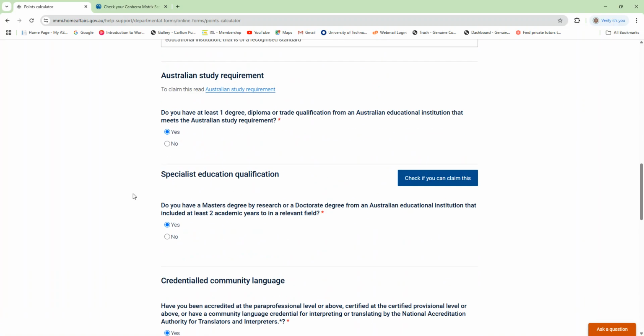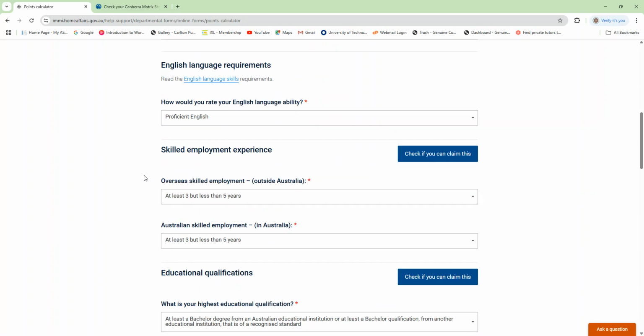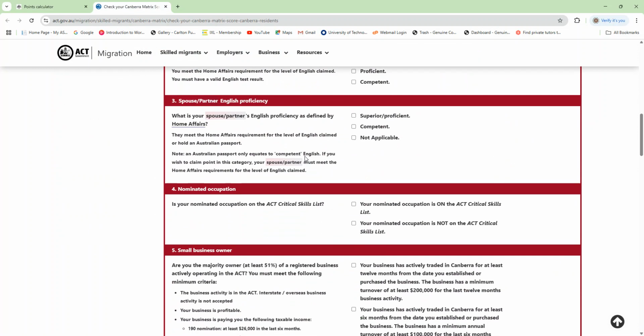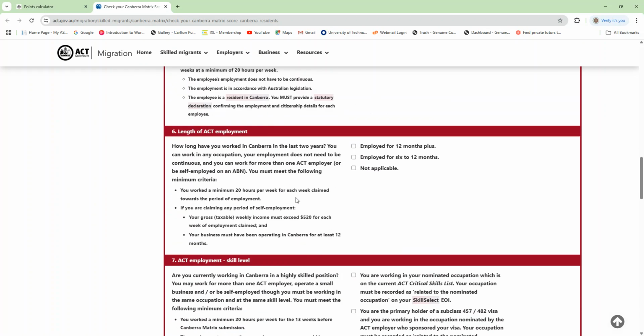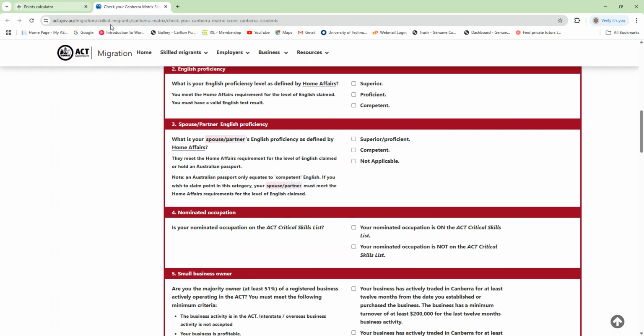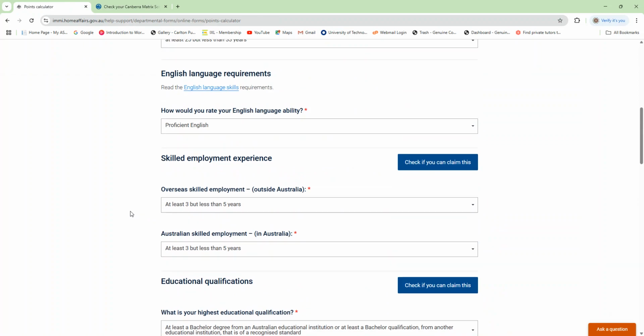Even if you got a very high score in the skilled independent visa points calculator, your Canberra matrix score can be very low, because many portions or areas are ruled out in the Canberra matrix that are given in the Home Affairs skill calculator.